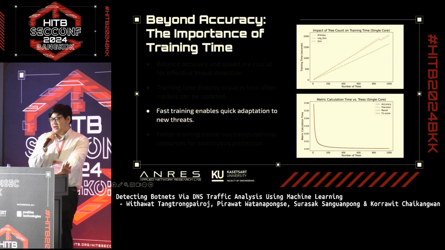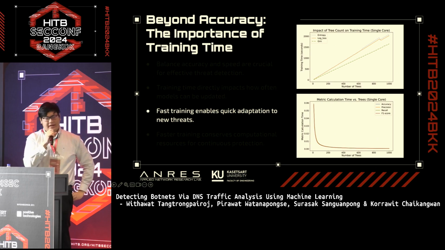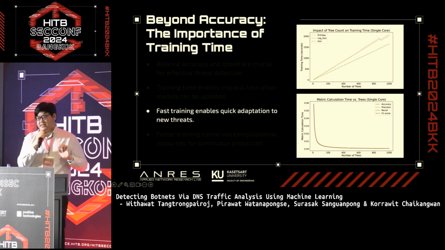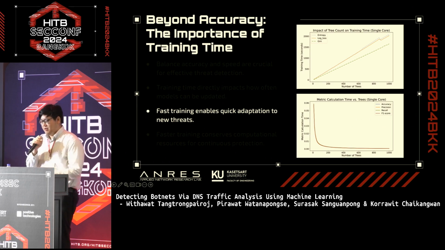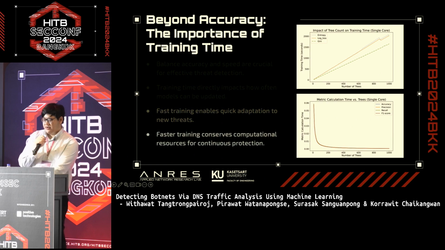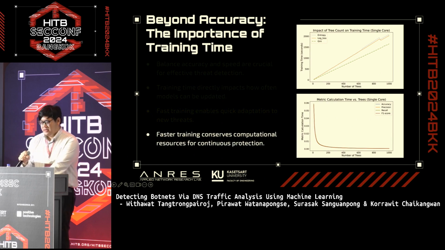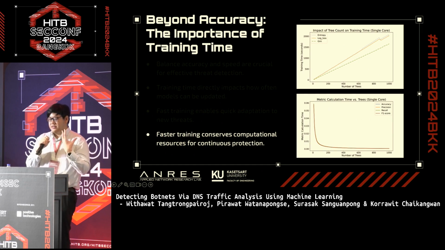The first graph shows how the number of trees affects training time. By choosing the right algorithm and settings, we can update our model more often and keep our defense strong. Fast training also helps to save some computing resources.